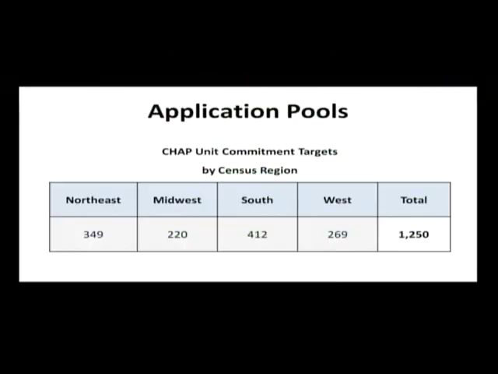So what's going to happen is that first of all, we've divided the 1,250 units into 4 regions, so that Mod Rehab owners in the Northeast, the South, the Midwest and the West will compete against themselves.